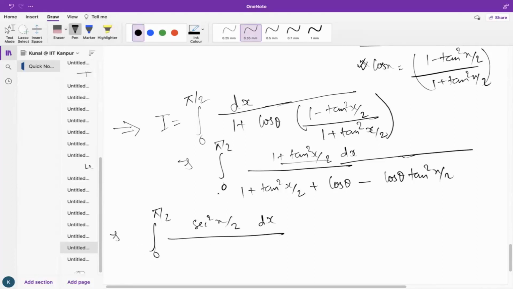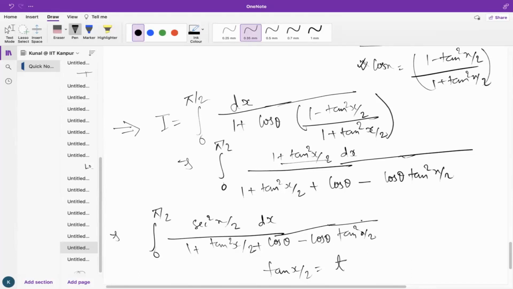Okay, so let me write here 1 plus tan square x by 2 plus cos theta minus cos theta tan square x by 2. If we substitute tan x by 2 equal to t, so what we get here actually?